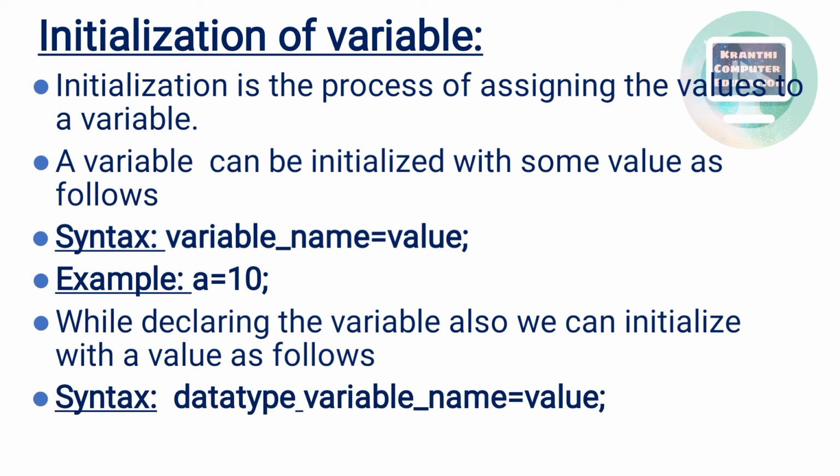Syntax: data type space variable name equals value semicolon. Let's see the example for this. int space a equals 10. Here int is the data type, a is the variable and 10 is the value. This 10 is going to be assigned to the variable.